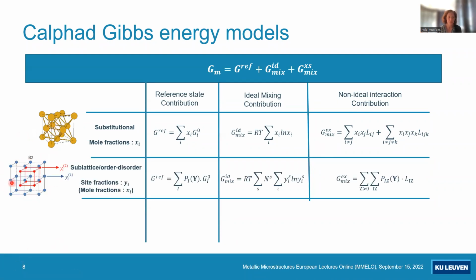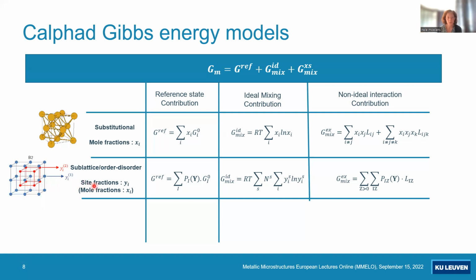So another type of models are the sublattice models and the order-disorder models, which are used mostly for the intermetallic phases and the phases with a more complex structure. In that case, it is assumed that atoms typically mix within one of the sublattices.